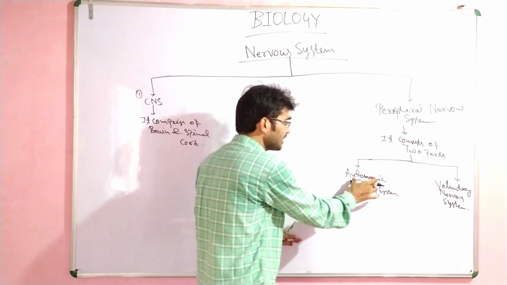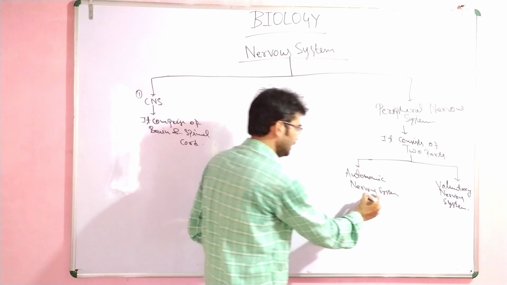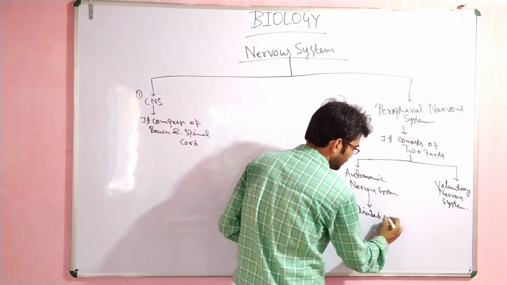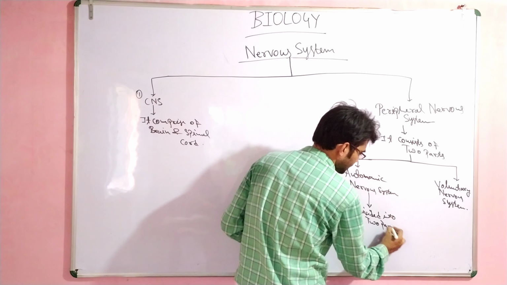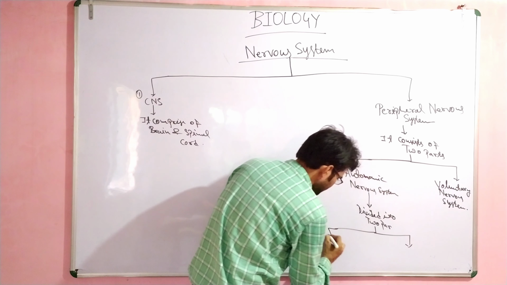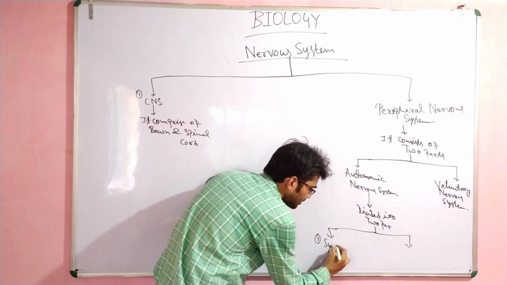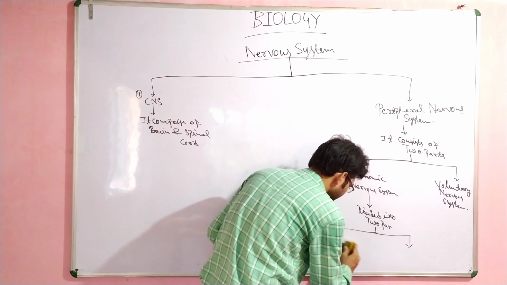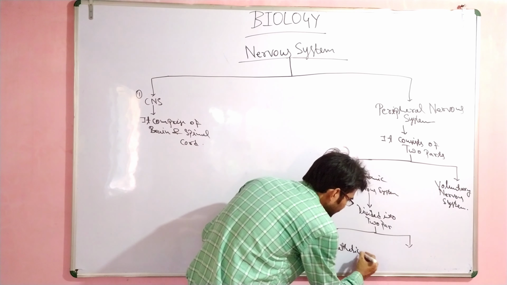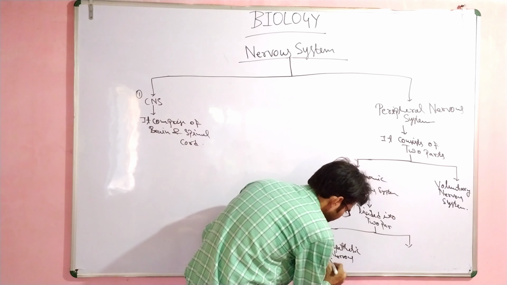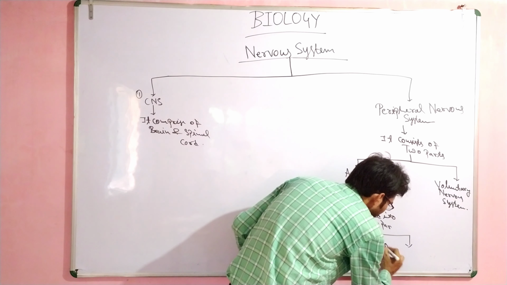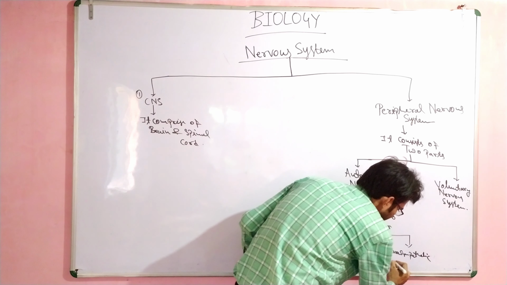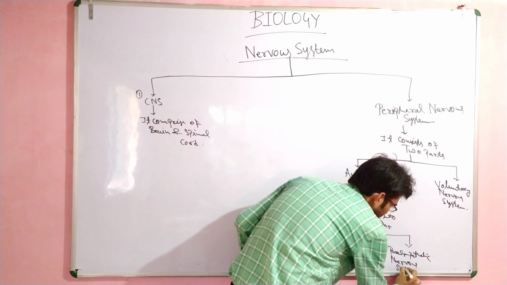The autonomic nervous system is further divided into two parts. The first one is the sympathetic nervous system, and the parasympathetic nervous system.